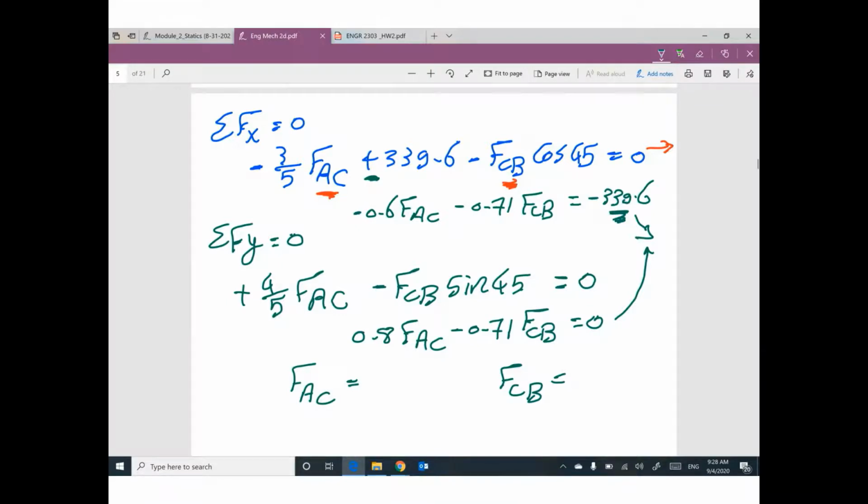So this one will be 242.6. This one will be 273.3 Newton and Newton.